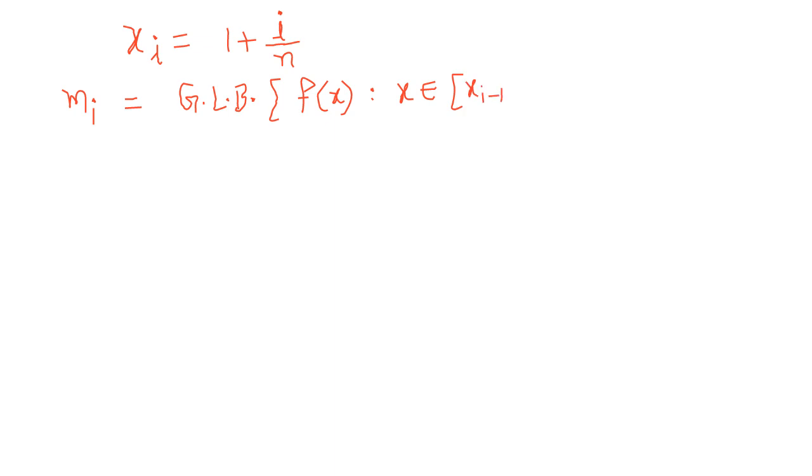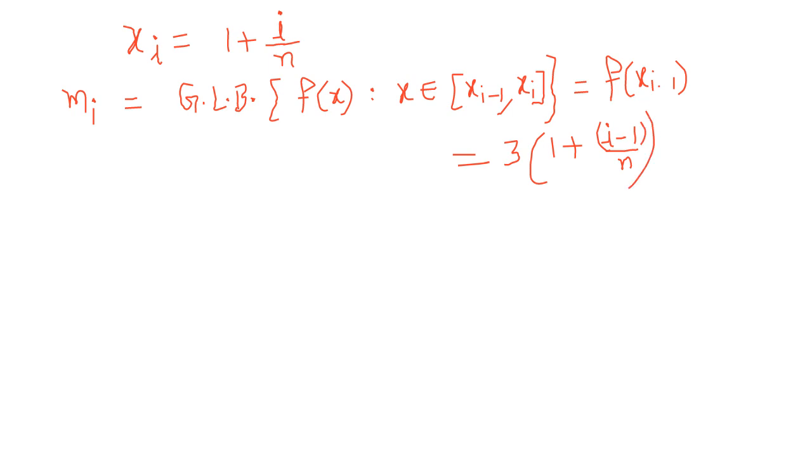So this question must be finished within 10 minutes. In the previous question, we took at least 25 minutes. What is the value? Just repeat it. So 3 into 1 plus (i minus 1) upon n, plus 1.